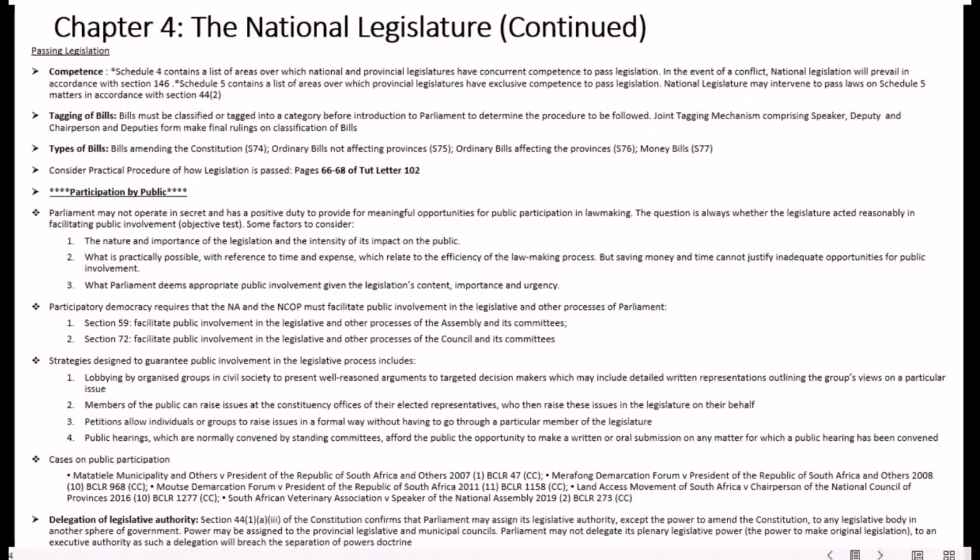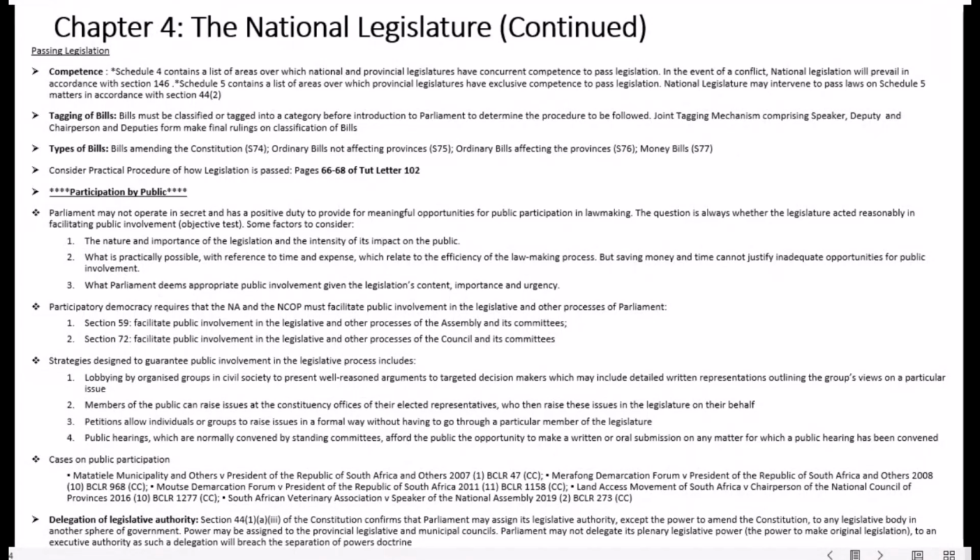And these afford the public an opportunity to make a written or oral submission on any matter for which a public hearing has been convened. So these are the ways, colleagues, in which the public can actually be involved in the lawmaking processes. And then I've just listed some of the cases on public participation, which you can take note of.